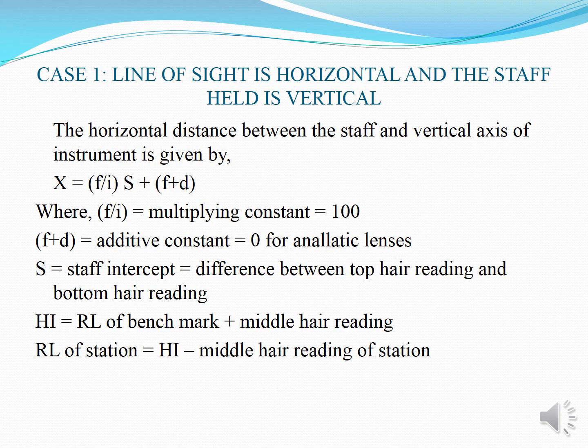Next is case 1, that is, the line of sight is horizontal and the staff held is vertical.